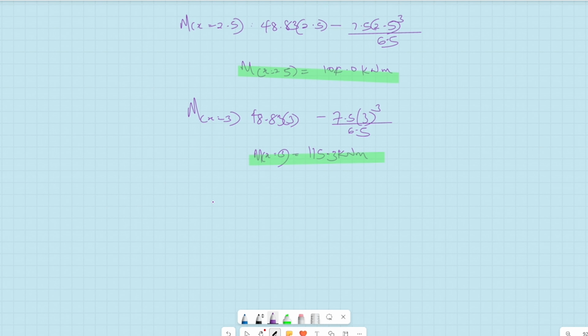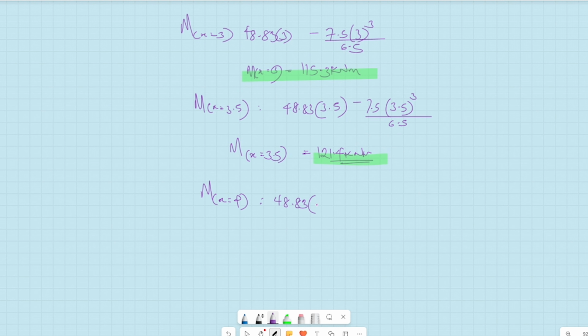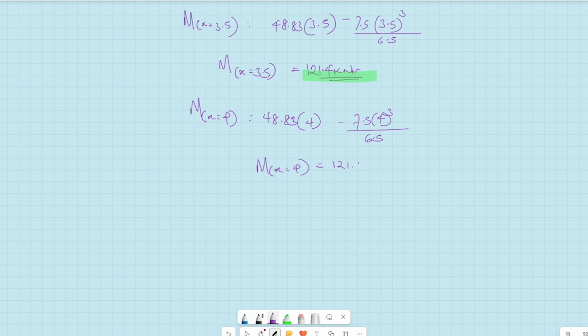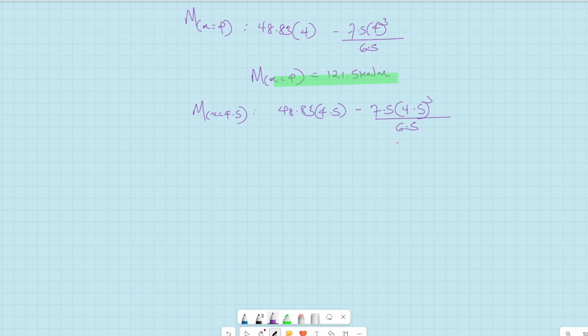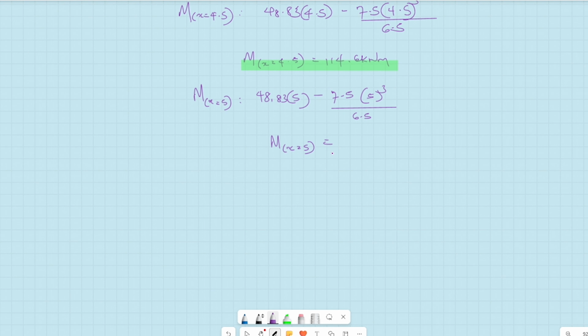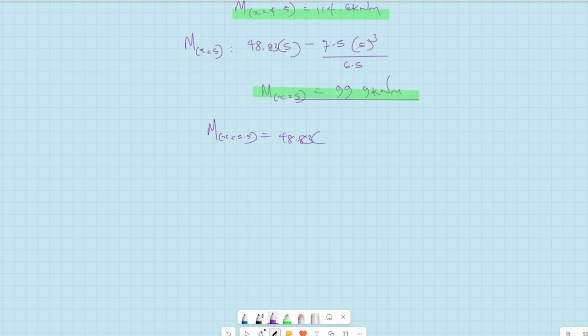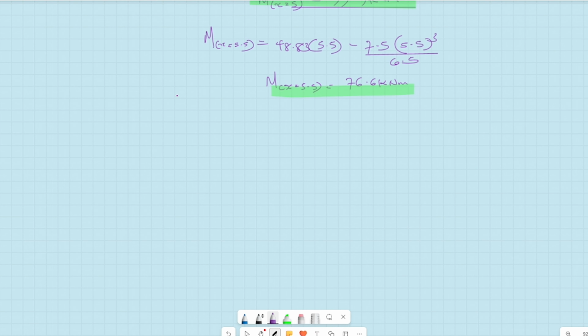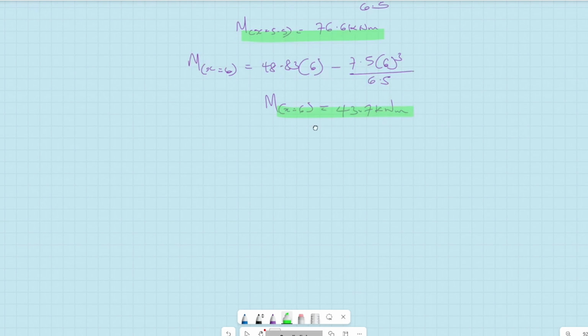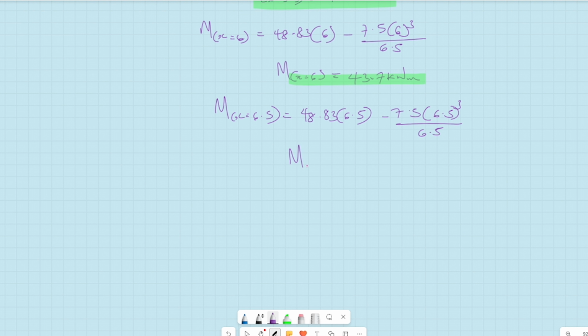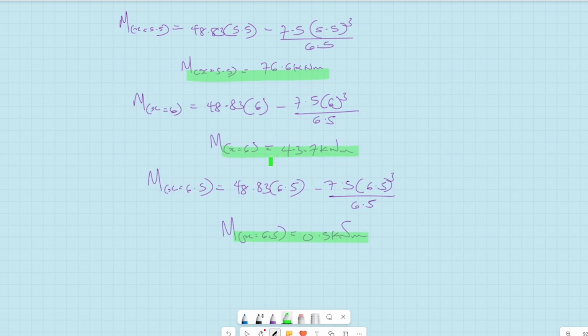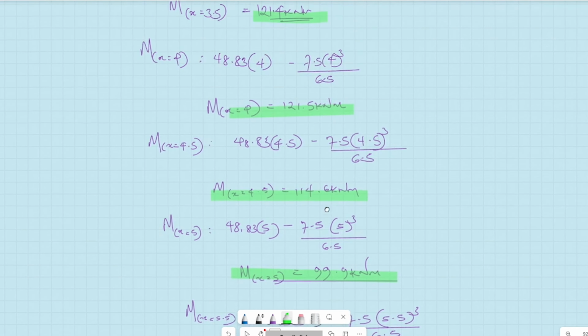Okay, now we have different moment values at different positions along the beam.